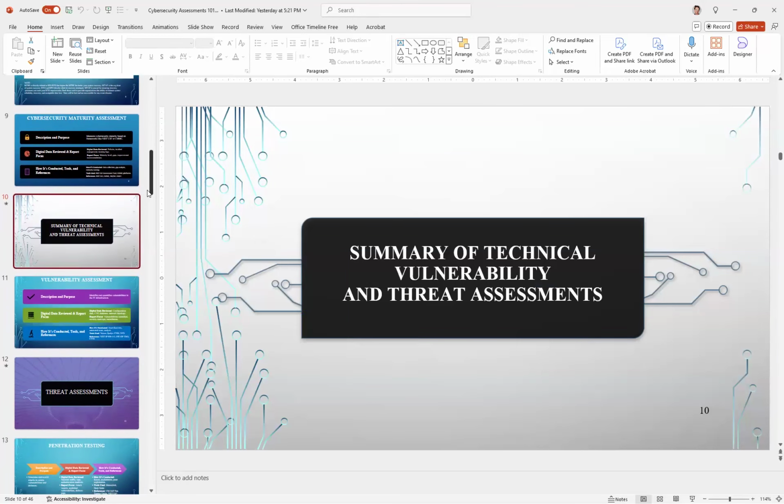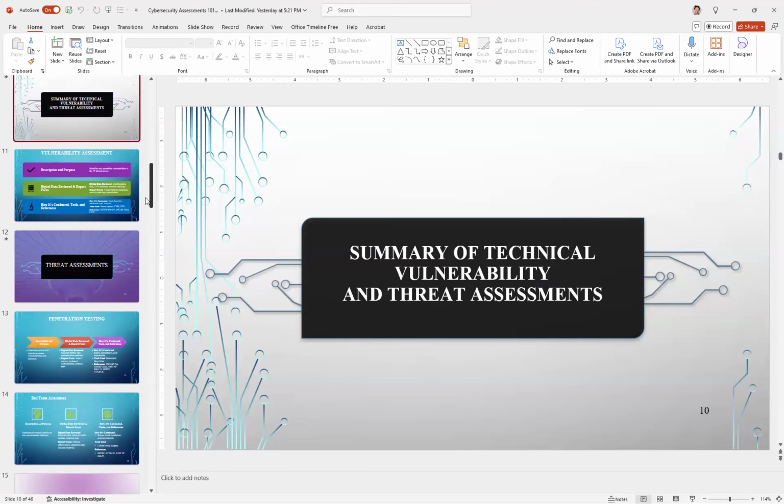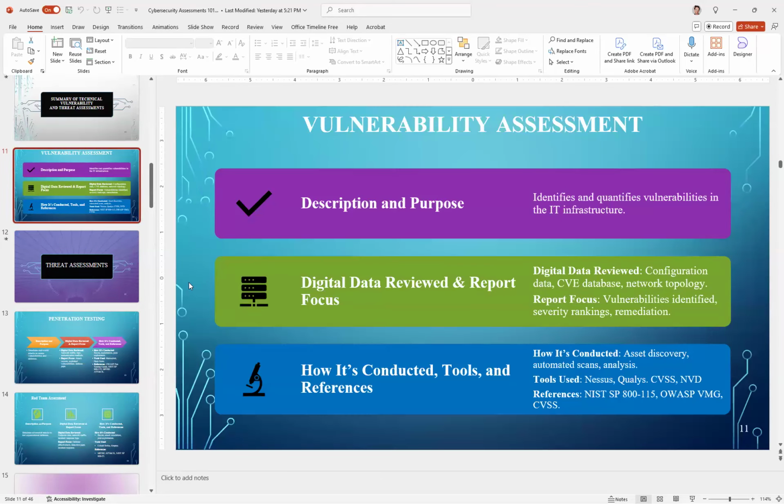Moving on to a summary of technical vulnerability and threat assessments. For a vulnerability assessment, you identify and quantify vulnerabilities in the IT infrastructure.